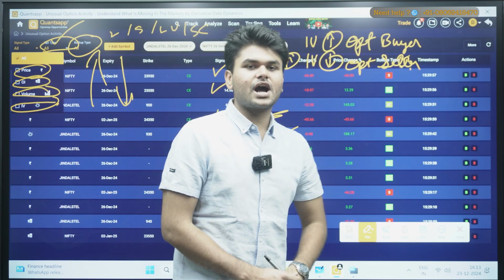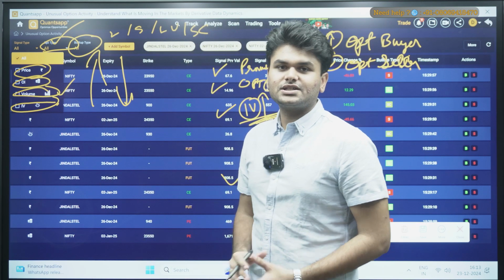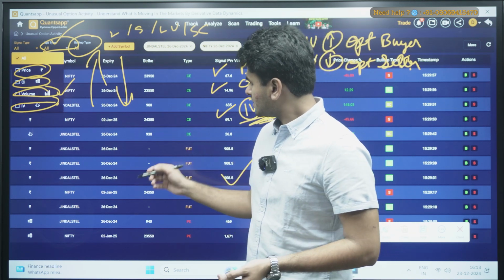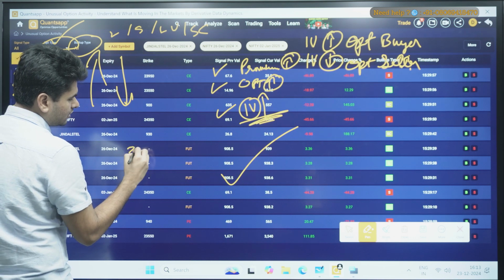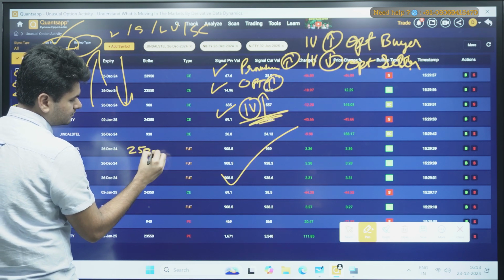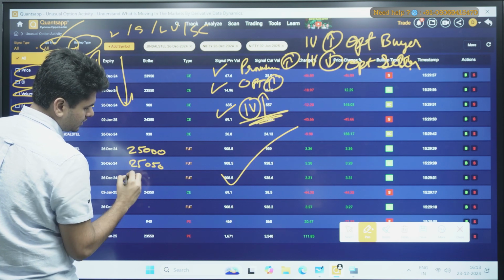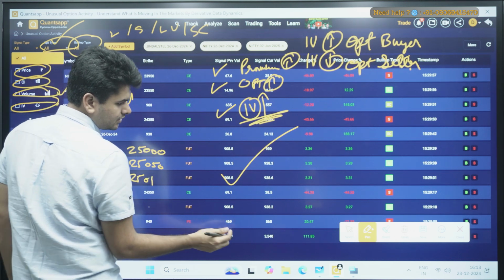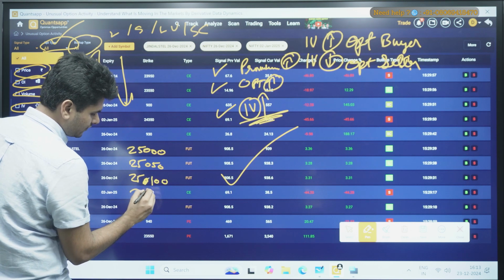Now we have discussed the IV perspective. Now let us talk about the volume. Let's suppose the volume is increasing in an option premium. We'll talk about Nifty only. So Nifty, let's say 25,000, 25,050, 25,100, 25,150.